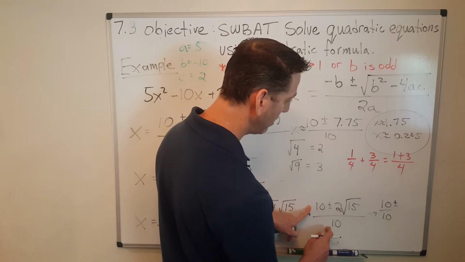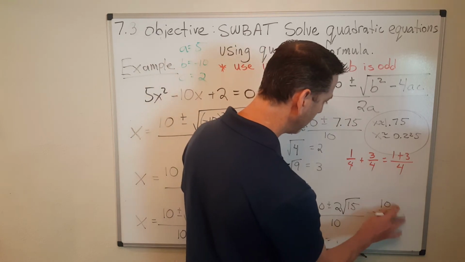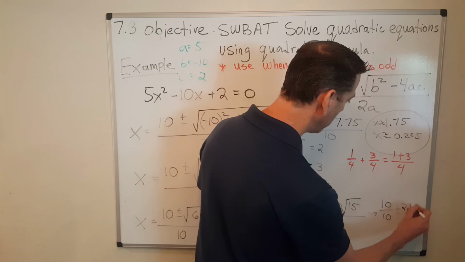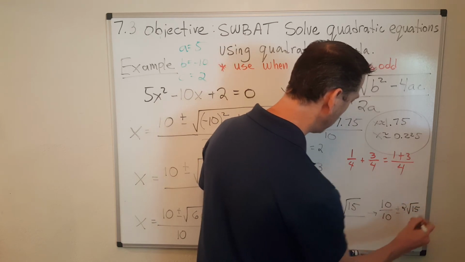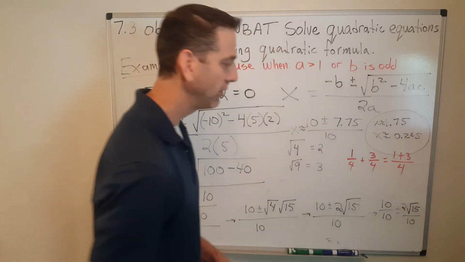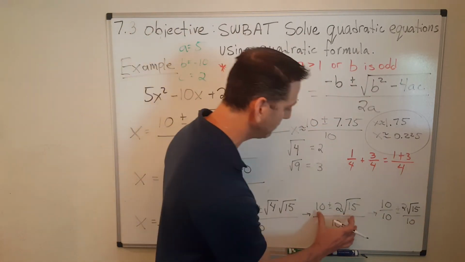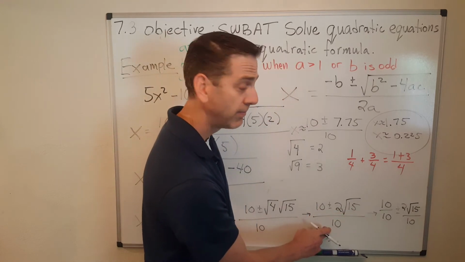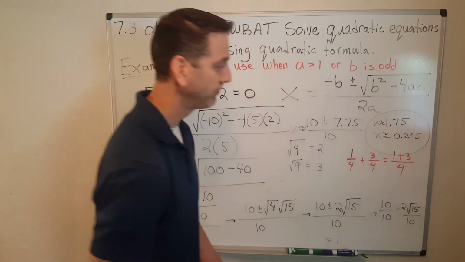So 10 over 10 plus or minus 2 root 15 over 10. See what I did there? I just split these two guys up because both of them are over 10, just like I did here.